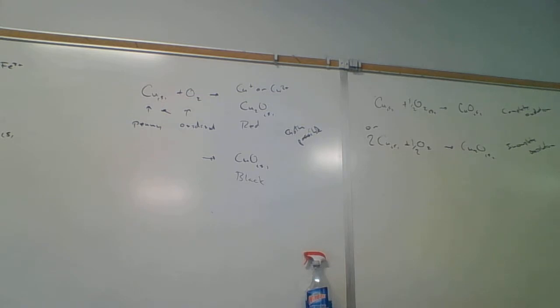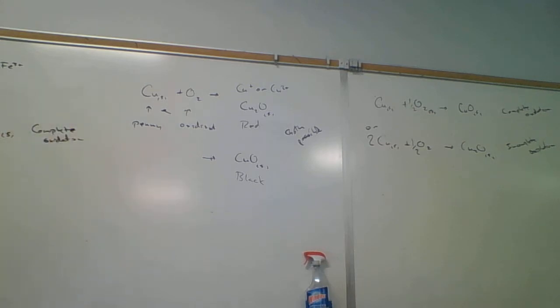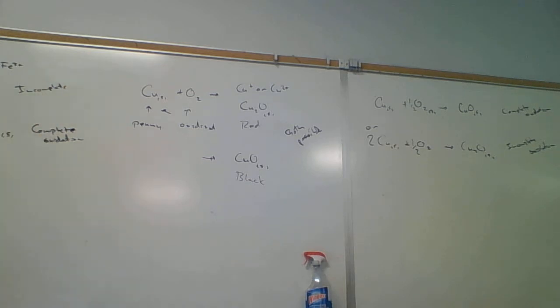So we could double the whole thing. This would be complete oxidation. This would not be complete oxidation here. Typically, we could do complete or incomplete, whatever. Let's take a look at some images.